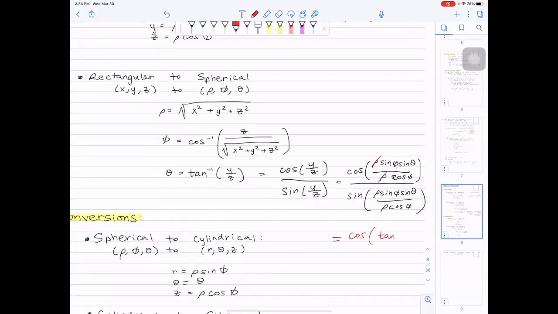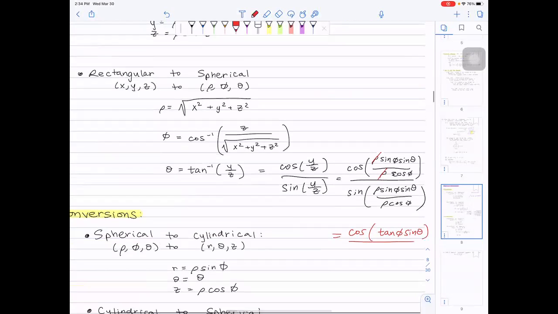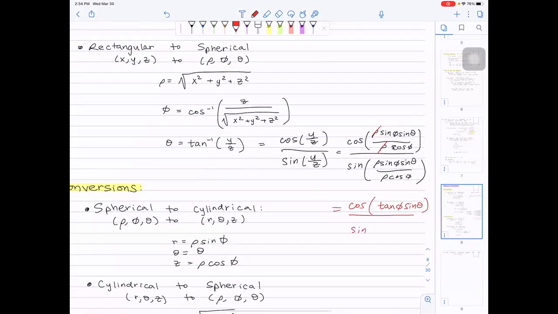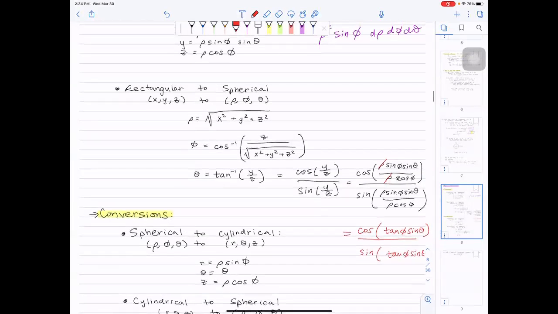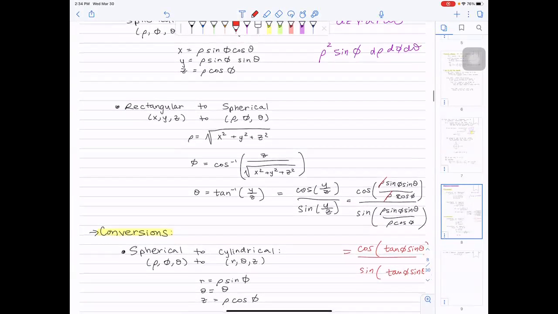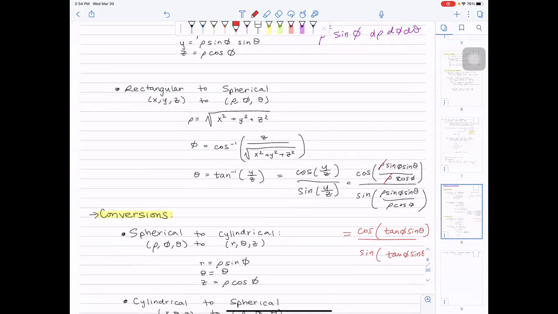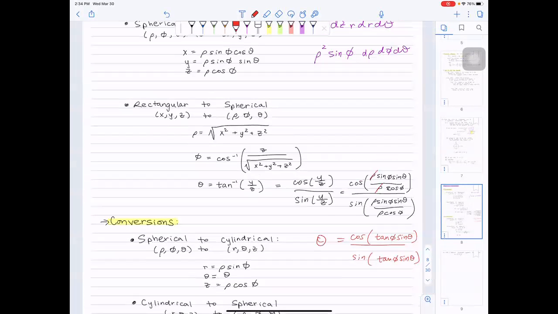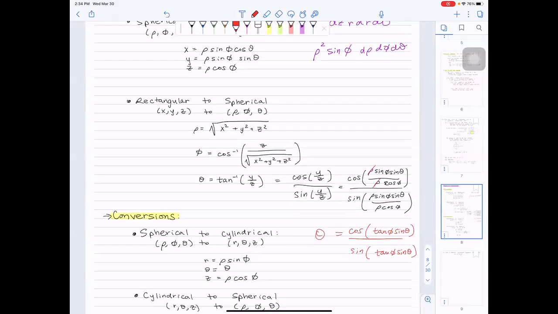This is tangent phi sine theta. So right now we're claiming theta equals this, and we see that this is inverse tangent of sine theta.